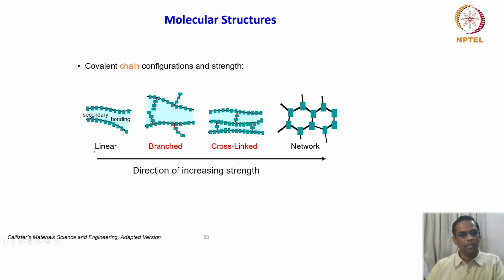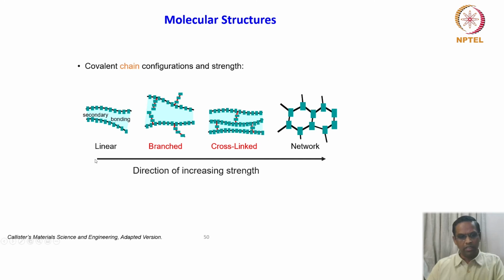How are they related? Suppose you classify this kind of bonding nature as linear, and these are called branched chain molecules, and this is cross-linked chain configuration, and then finally a network.